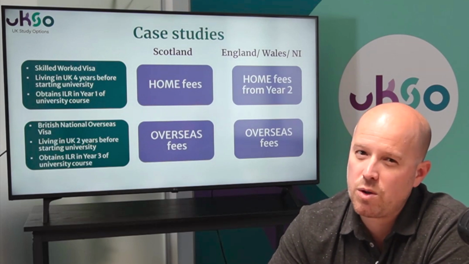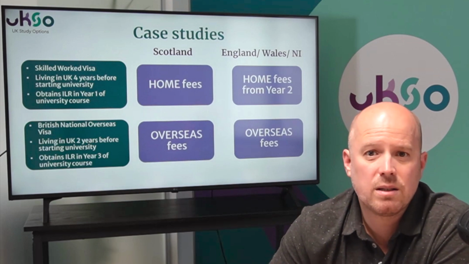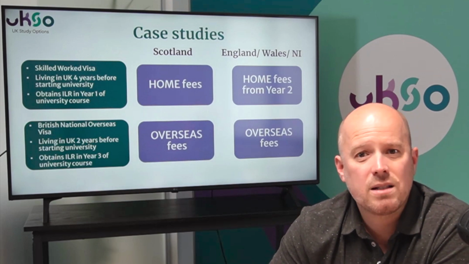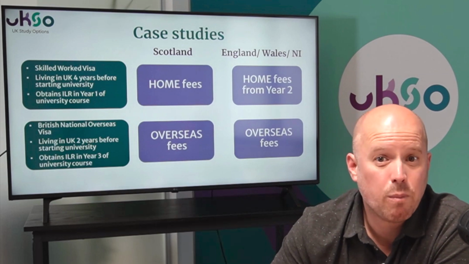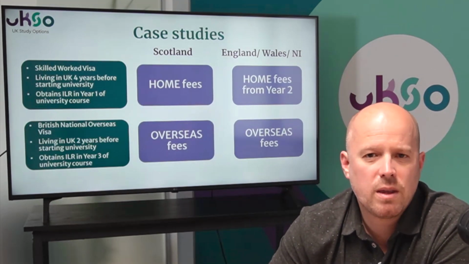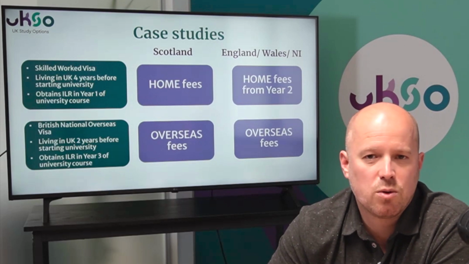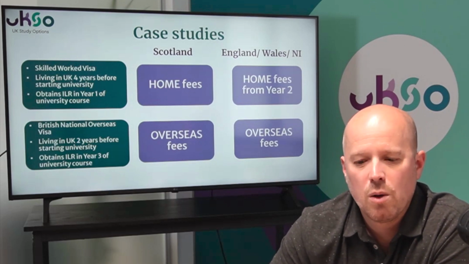So there is a possibility, perhaps they had been previously living in the UK. They had to leave. They were living outside of the UK for a temporary period, then came back for the last 2 years before university. If you think this might affect you or this might be your scenario, have a chat to us. We might be able to talk you through what that means.